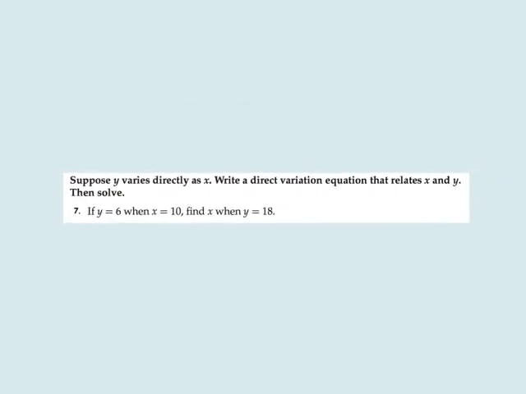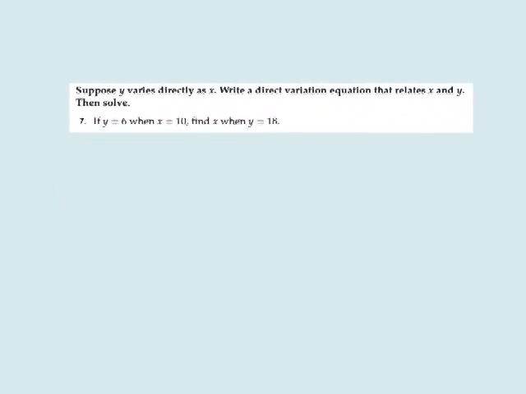Let me shrink that down a little bit and maybe move it a little. So if y varies directly as x, write a direct variation equation that relates x and y. So y equals kx is a direct variation equation. What I do is I do slope, because it's the same thing.